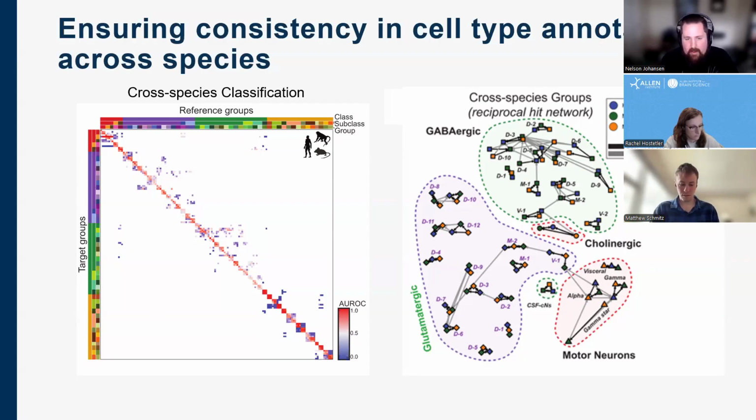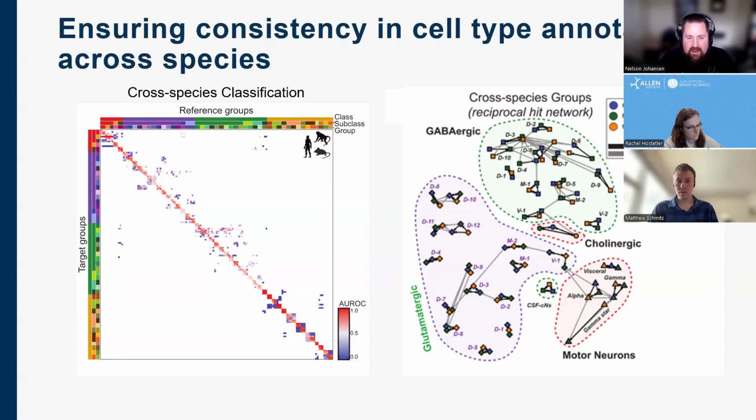Maybe a bit easier to see as a graph. So on the right, for example, each dot is a different species: blue human, green macaque, orange mouse. And we can look at glutamatergic, for example, and these dots are connected based on similarity of that cell type across the species. Ideally, because we have three species, all these would form cliques of three with no edges outside of the cliques.